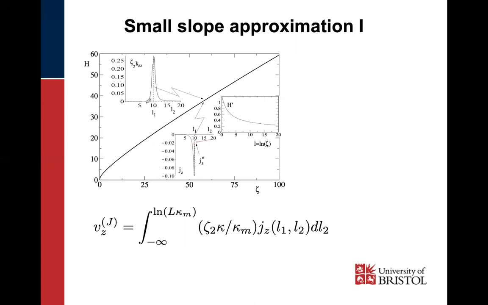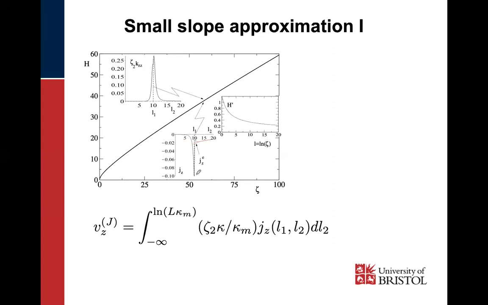So the strategy will be, in the end, to perform a systematic expansion around this peak. A perfect peak, a delta function, would mean that the integral goes away and everything turns into a simple matrix relation.